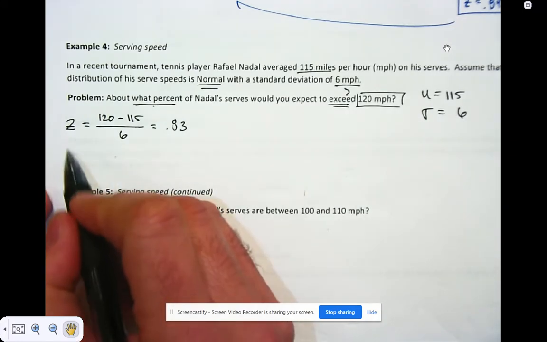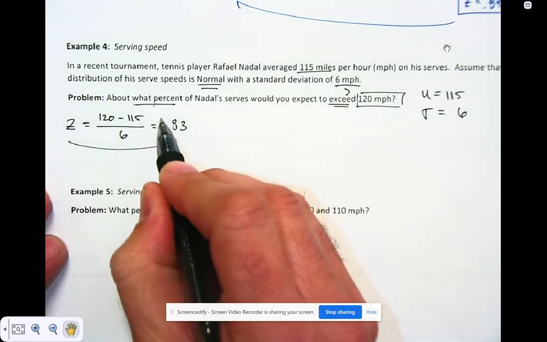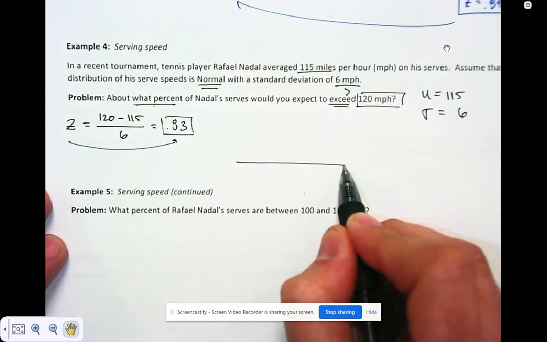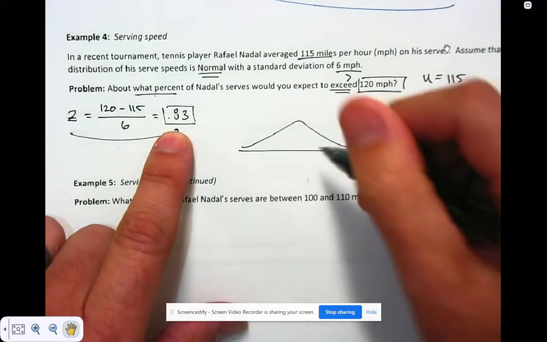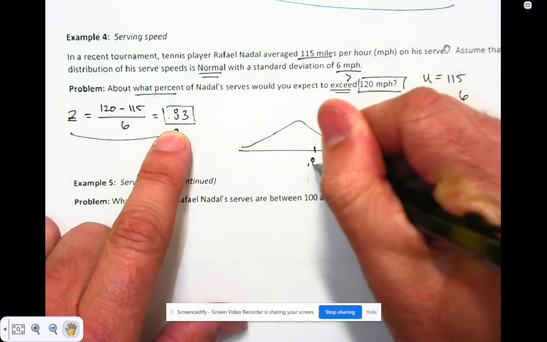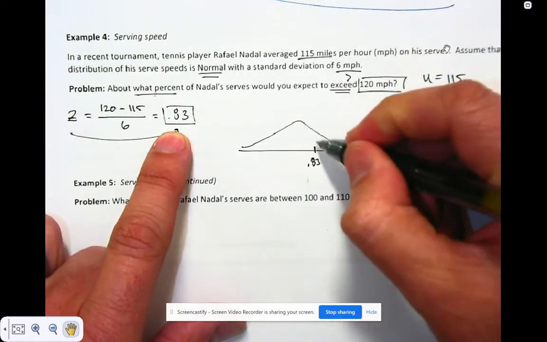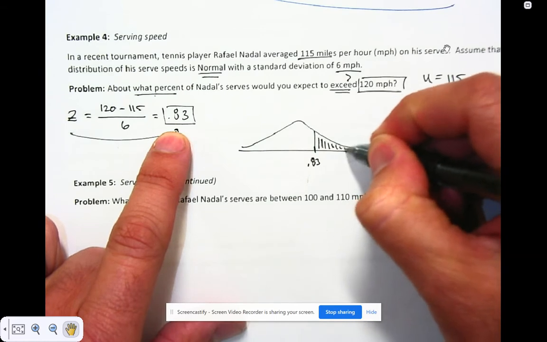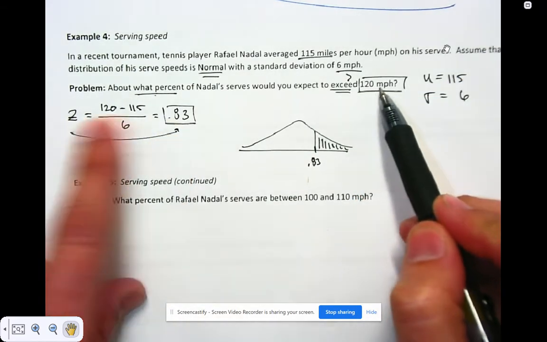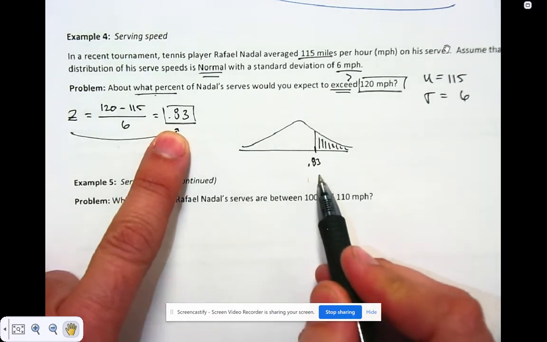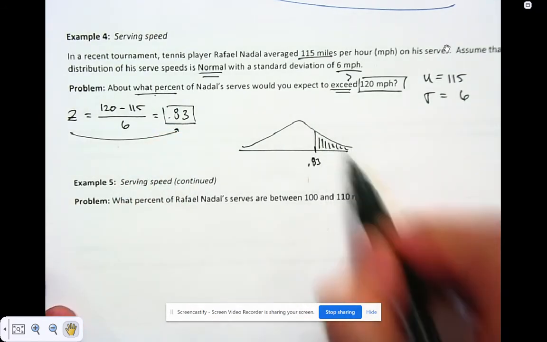Well, 120 miles per hour corresponds to a z-score of 0.83. So you draw your curve. This is a positive z-score of 0.83, and you're looking for this proportion right here. Because it says exceeds, we want this value.